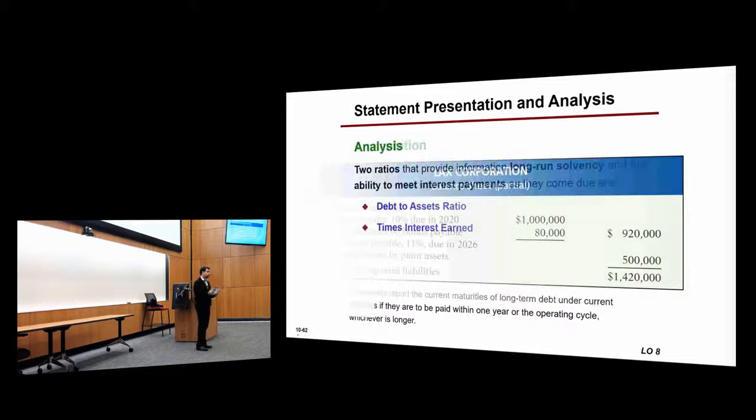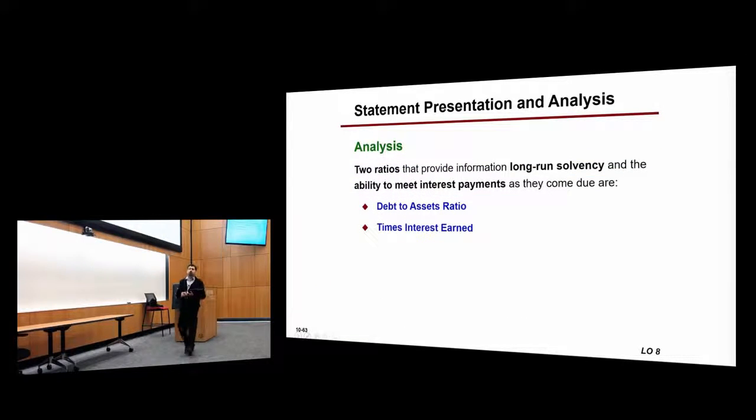There are two ratios that creditors and investors and basically users of information look at in order to analyze the company's performance. One of them is debt to asset ratio.